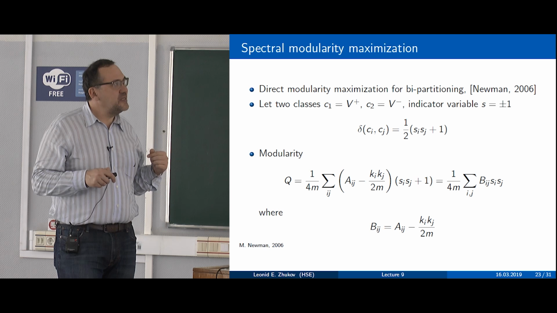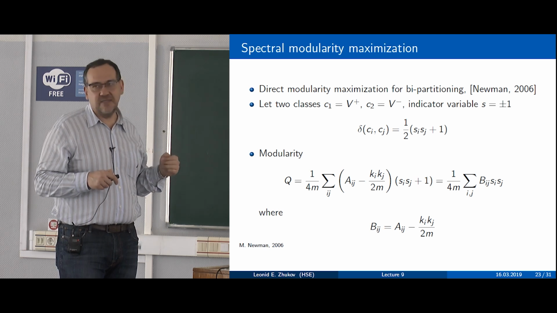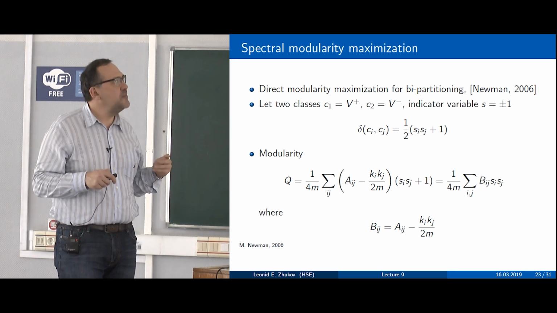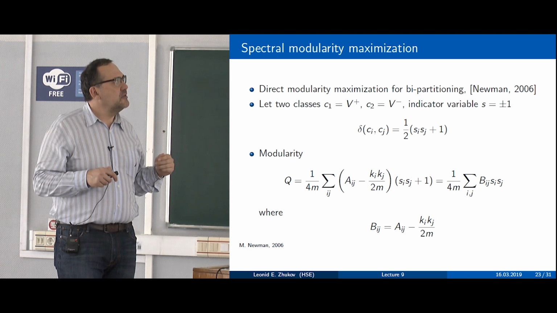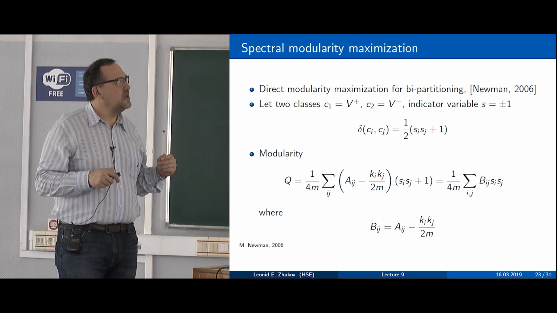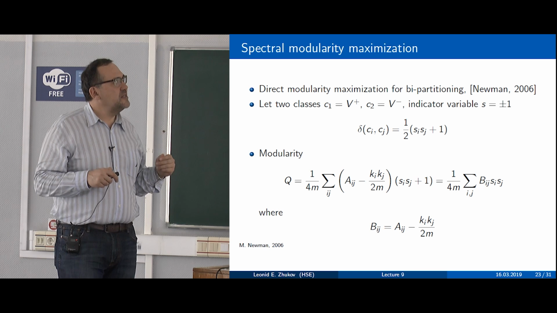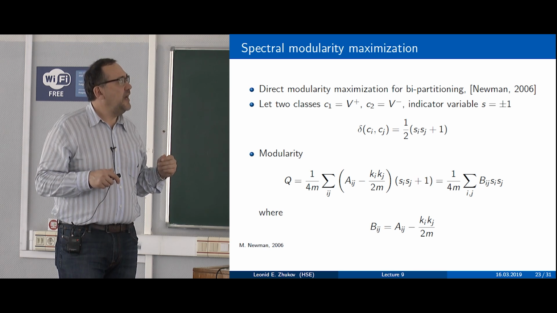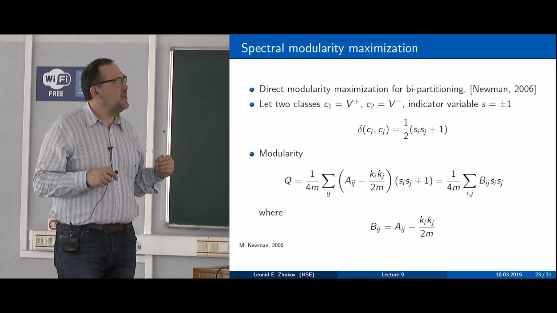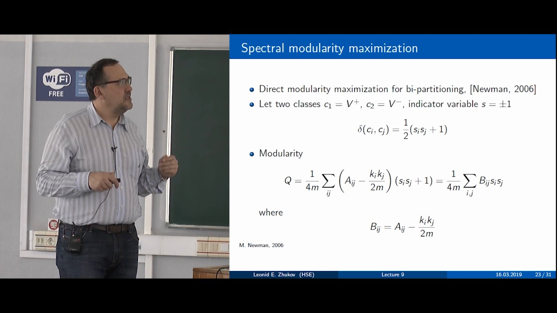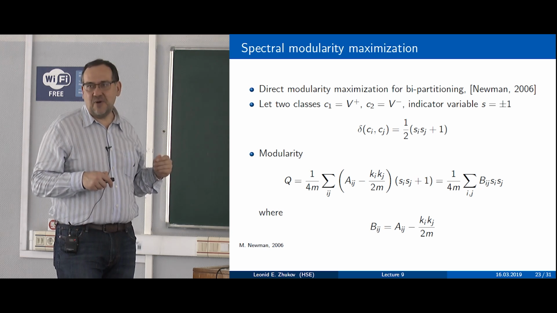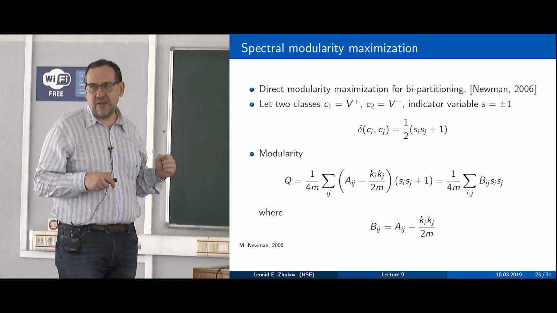Now, in 2006, Mark Newman, the same Mark Newman who published tons of papers on networks, said, look, with this modularity trick, I can convert my modularity optimization problem to the same type of problem.